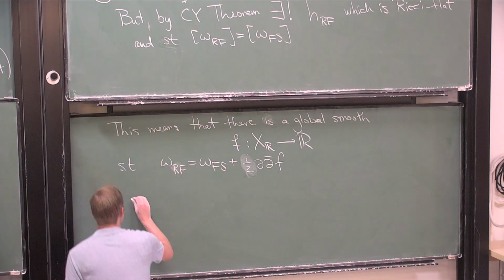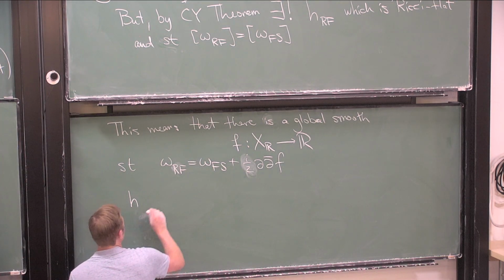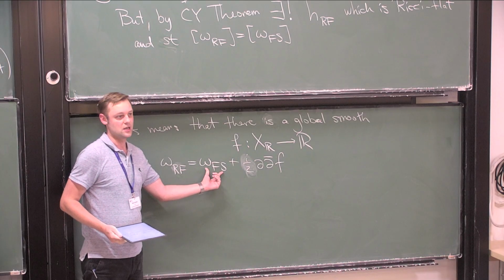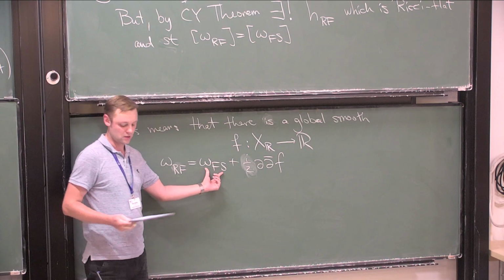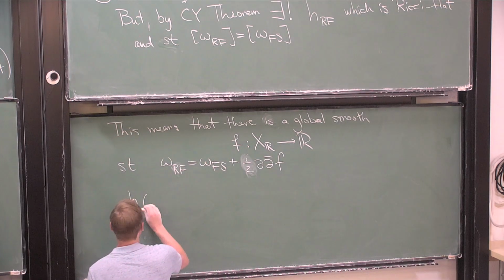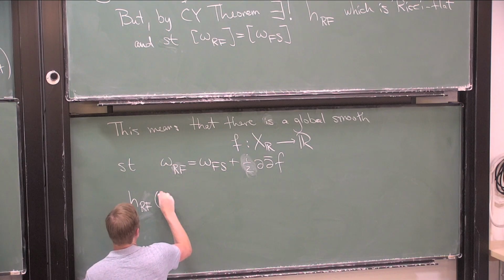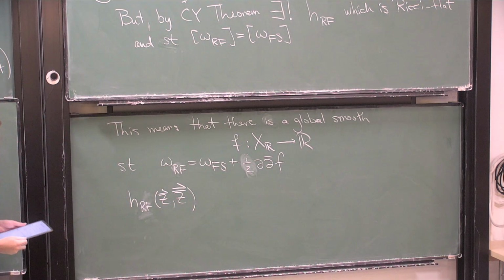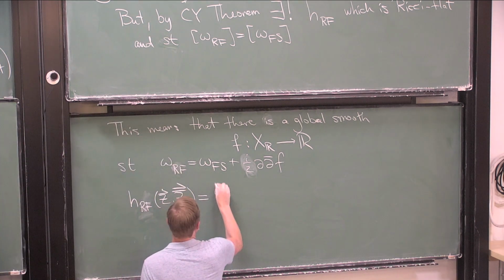So in other words, because we know what the Fubini-Study metric is explicitly, I gave you a very explicit formula in coordinates, we can write down an explicit formula for this Ricci flat metric. And the formula is like this.